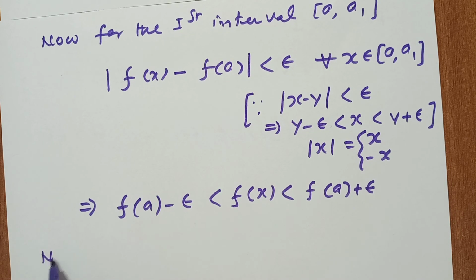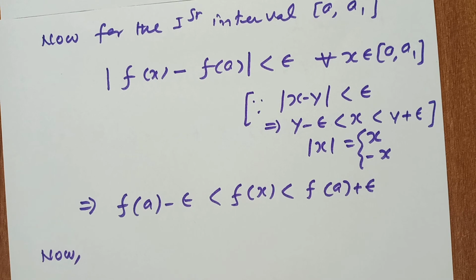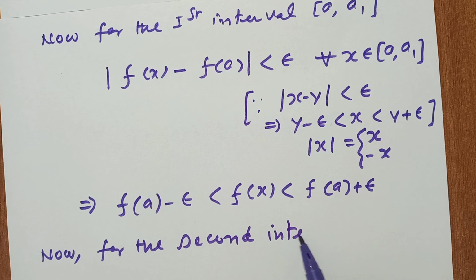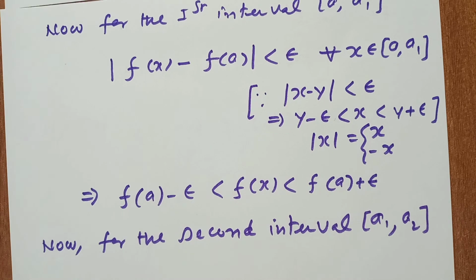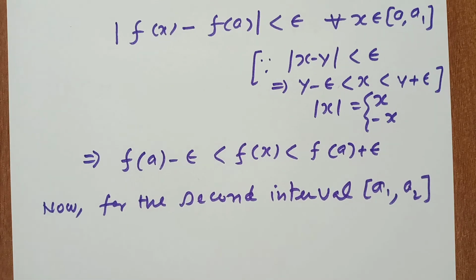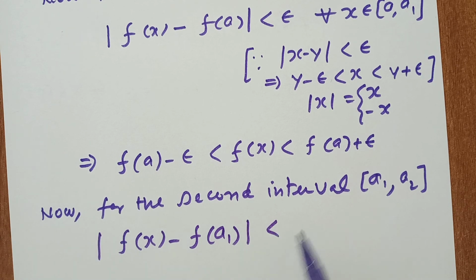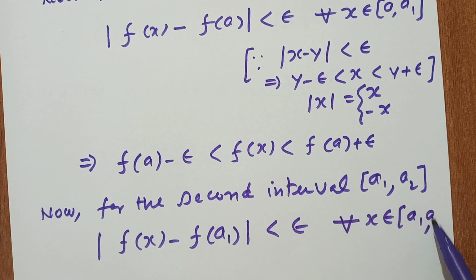Now for the second interval [a1, a2], by using the Borel theorem we have |f(x) - f(a1)| < epsilon for every x in [a1, a2].